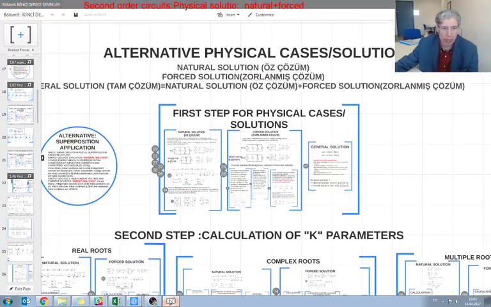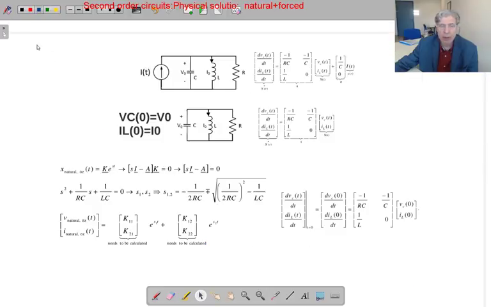Go to the open board now. Here you are. That is the circuit given to us. In this circuit, although it's not written here, it is given here. Let me make it a bit clear. So there is an initial condition for the capacitor. There is an initial condition for the inductor. So this is the mathematical model of the second order circuit.